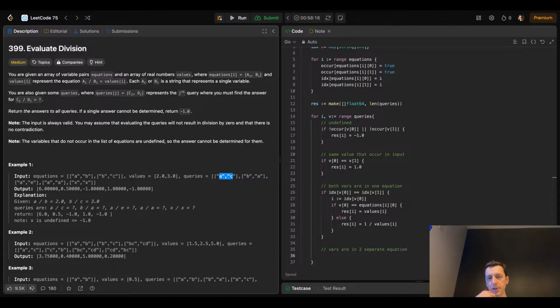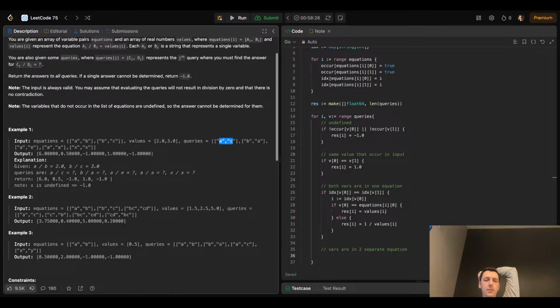To do that, well, we definitely don't want an iteration, but we do want to know, okay, what are the connections of A to anything else?